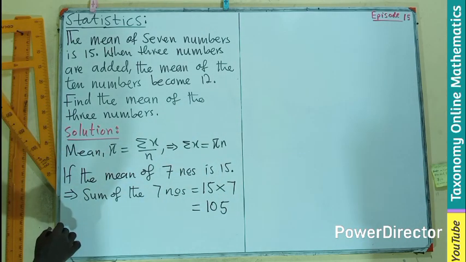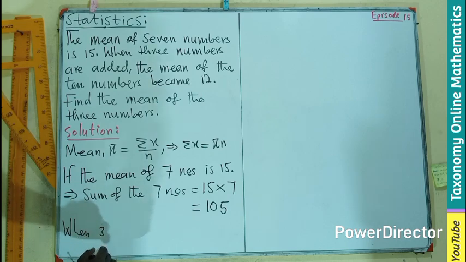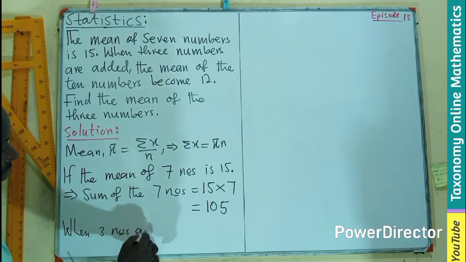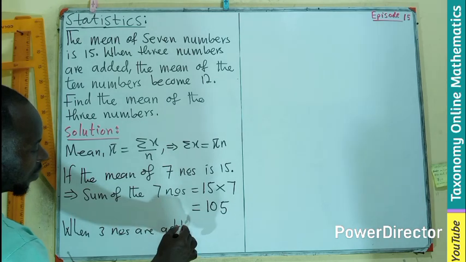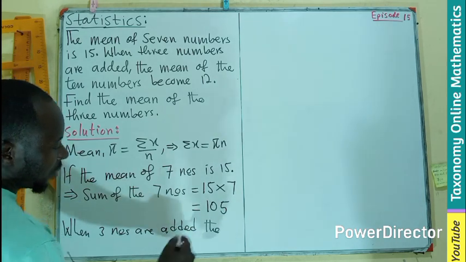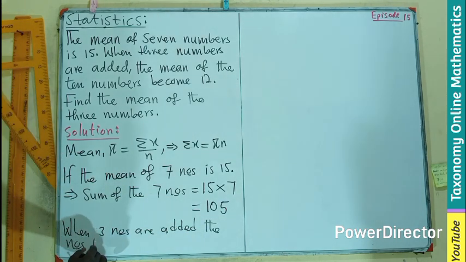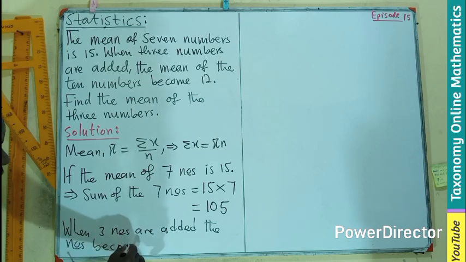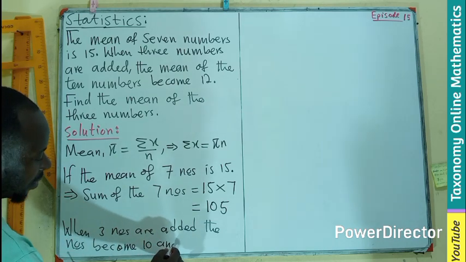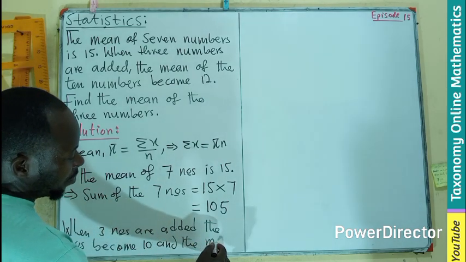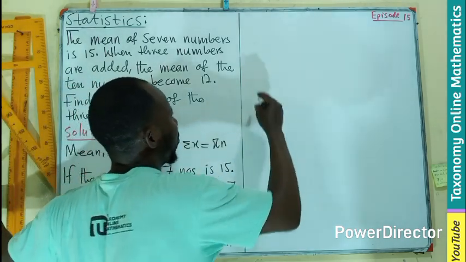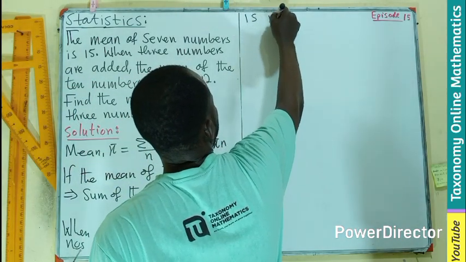105. Then we can also say that when 3 numbers are added, the numbers become, how many are they? It was 7 plus 3, so that becomes 10. So now it becomes 10. And the mean is given as 12.